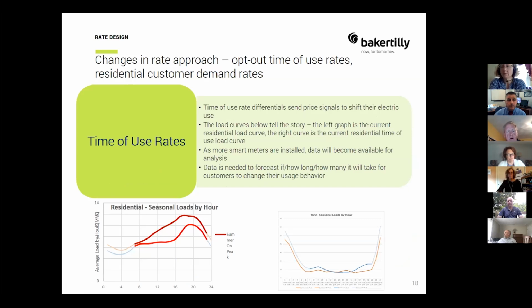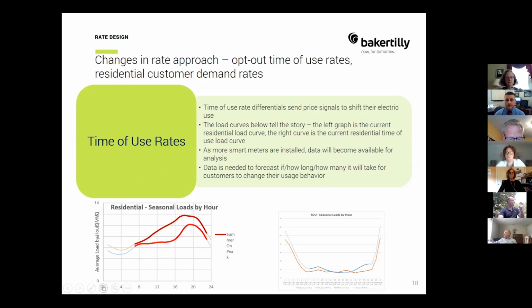Another area that we talked about was time of use rates. The load curves below tell the story, and hopefully you can see that on your screen. I'm going to have to put my glasses on for that. The chart on the left is your residential hourly load data by season.